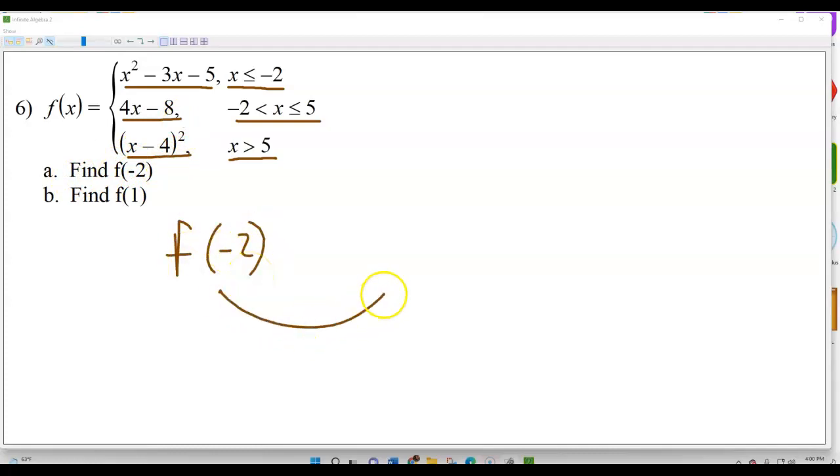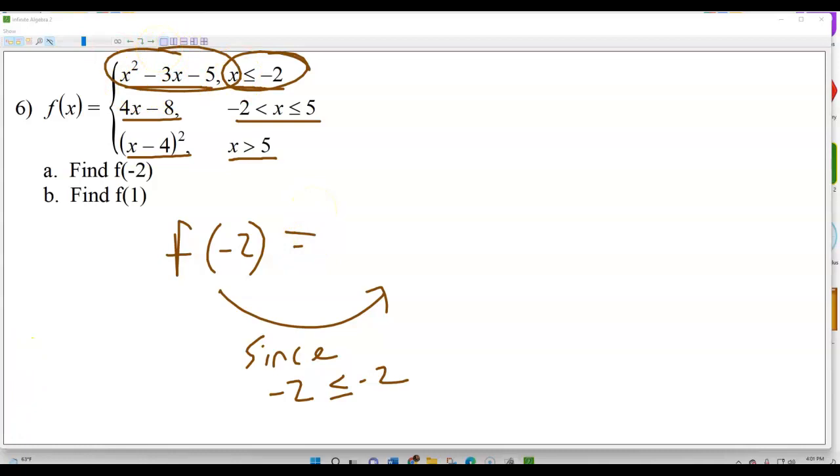Now, since negative 2 is less than or equal to negative 2, we're going to be using that one there. And since that's the piece we're using, we're going to be plugging that negative 2 into this equation up here.